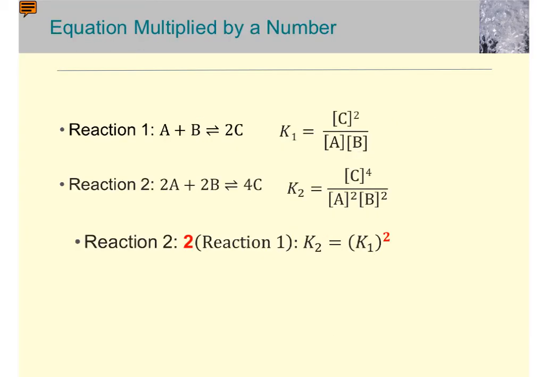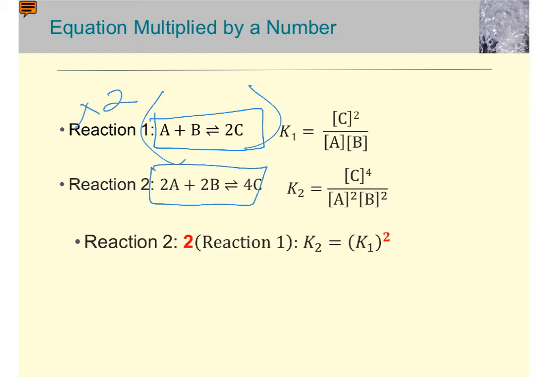The other common manipulation that you need to understand for equilibrium constants is if you have a reaction, again, here's our generic reaction, and you multiply it by some coefficient, okay, in this case we multiplied everything by 2, right? So if you multiply it, that multiplying factor becomes an exponent.